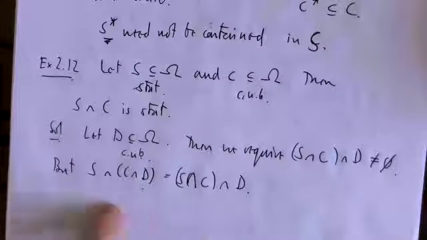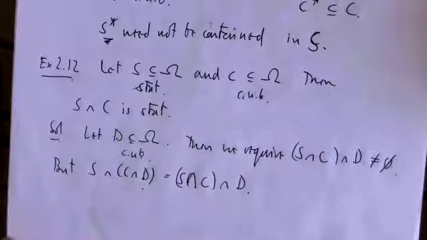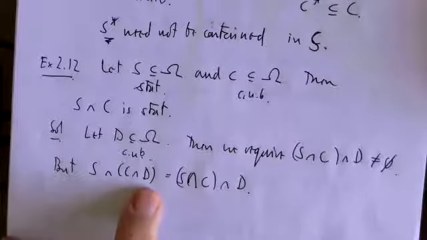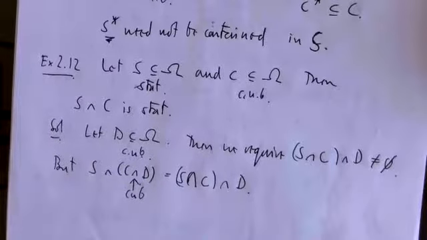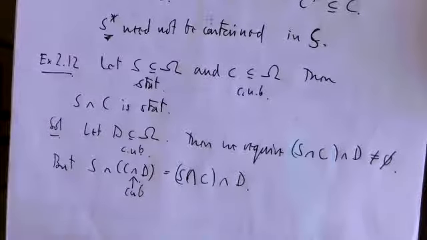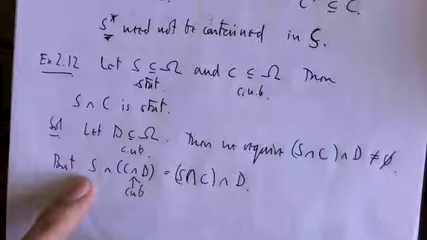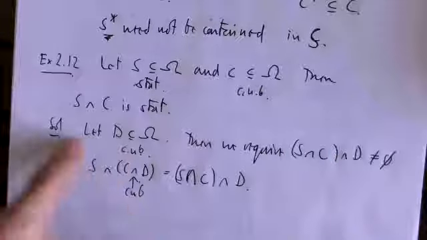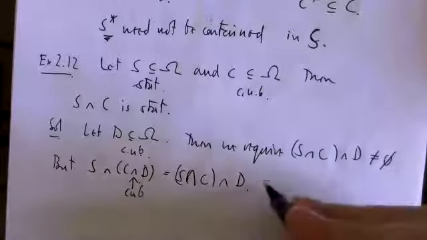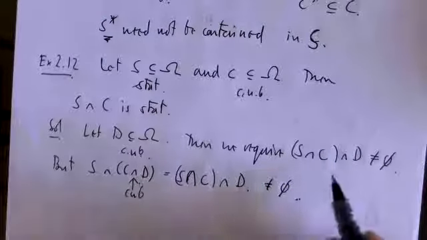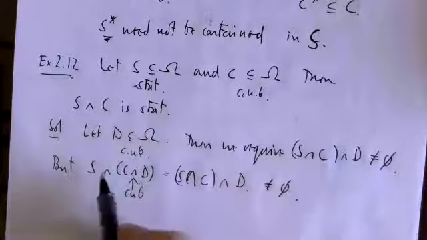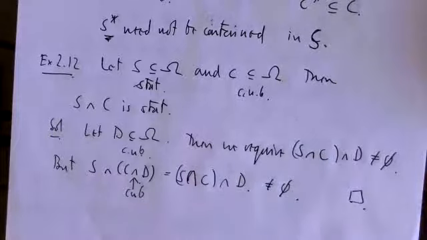Intersection is associative. The intersection of two CUB sets is CUB, as we've seen. But S alone is stationary, so this is non-empty. So all we do is shift the brackets over and appeal to the fact that S is stationary. Okay, any queries?